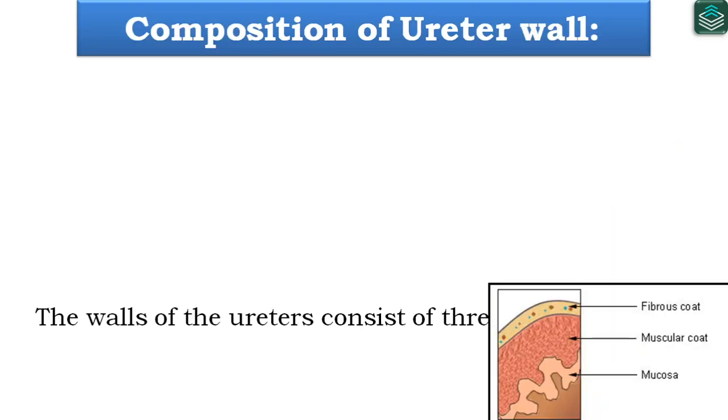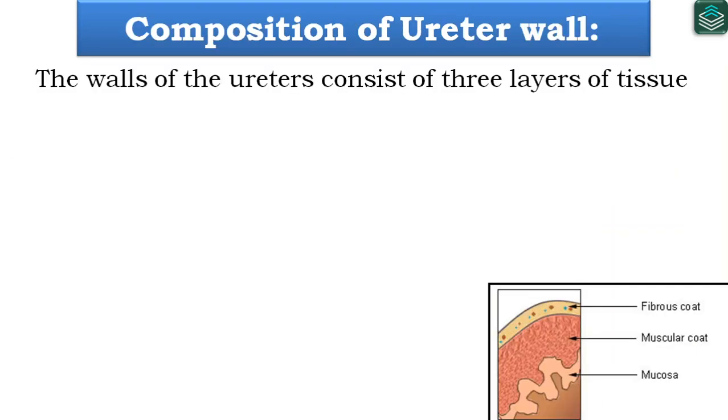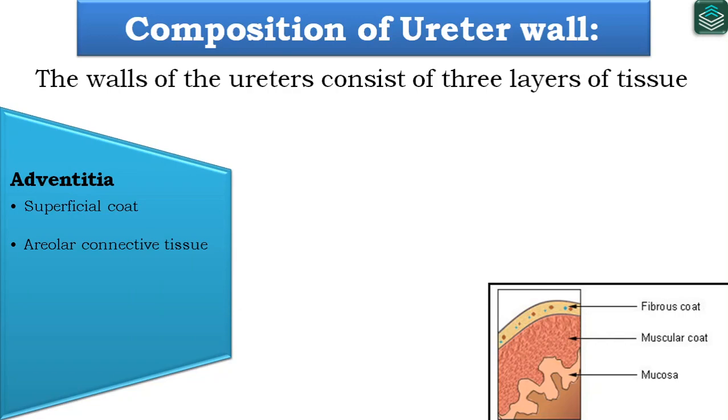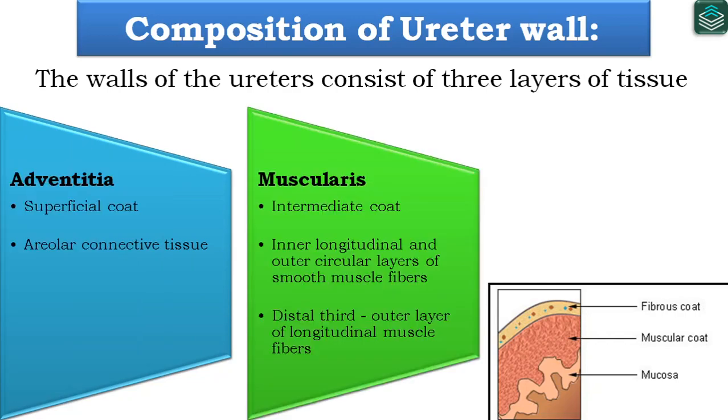Ureter wall is composed of 3 layers of tissues. First one is adventitia, which forms a superficial coat, and it is made up of areolar connective tissue. It is blended with surrounding connective tissue and anchors the ureters in place. Middle layer is muscularis, which forms the intermediate coat.